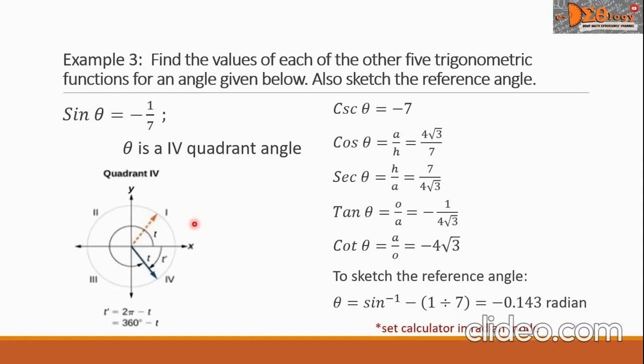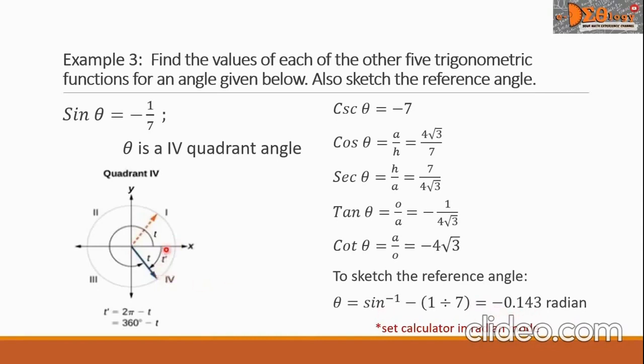Let us now sketch the reference angle. The theta here is a negative radian, so this is generated in a clockwise direction from our positive x-axis line. This is going clockwise, and we stop, and that is the value -0.143.